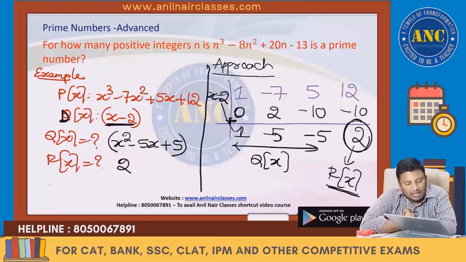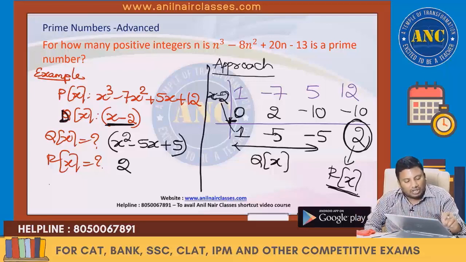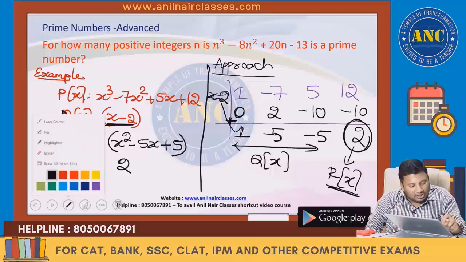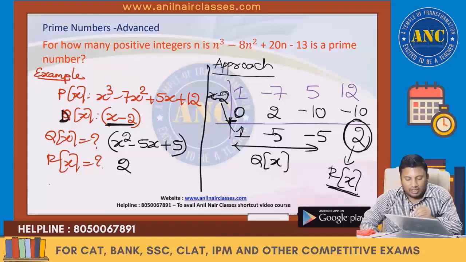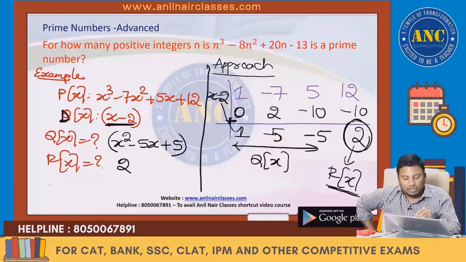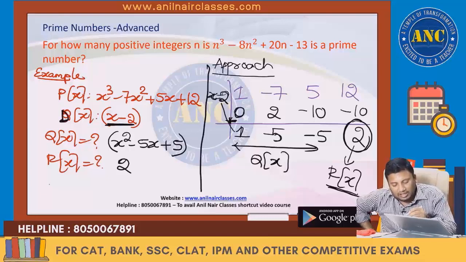P of x is x cube minus 7x square plus 5x plus 12. Write down in the sequential order: x cube coefficient is 1, x square coefficient is minus 7, x is 5 and the remaining is 12. Start with 0. 1 plus 0 is 1. 1, 2s are 2. Minus 7 plus 2 is minus 5. Minus 5, 2s are minus 10. 5 minus 10 is minus 5.